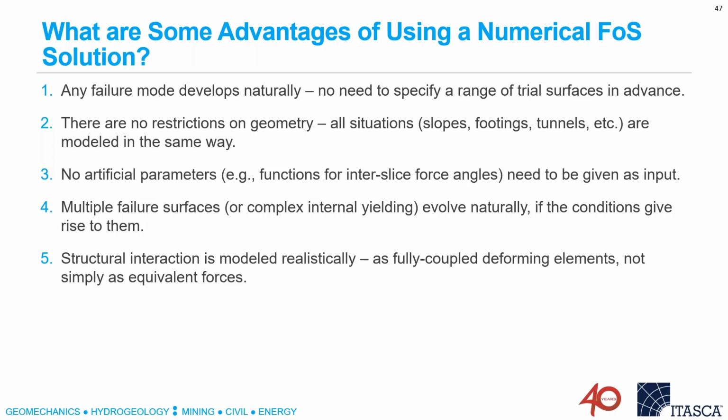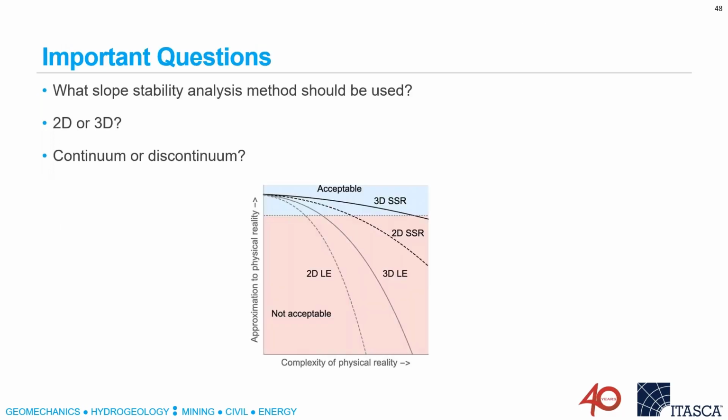And very often we do have structures which dip back into the slope, and we can get deformation on those. Doesn't necessarily mean slopes are failing, but we end up with these obsequent scarps within the slope. And then finally, structural interaction is modeled realistically. So if we're putting in rock bolts or cable anchors or piles or whatever we want to, we can consider the interaction with the rocks appropriately, rather than looking at equivalent forces.